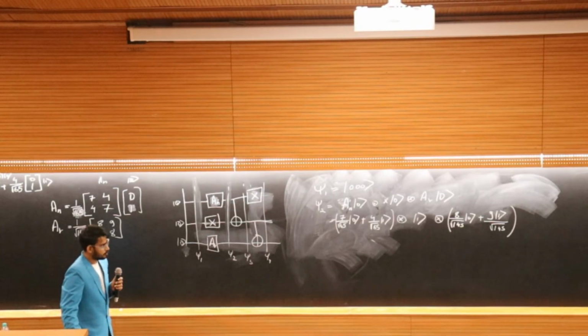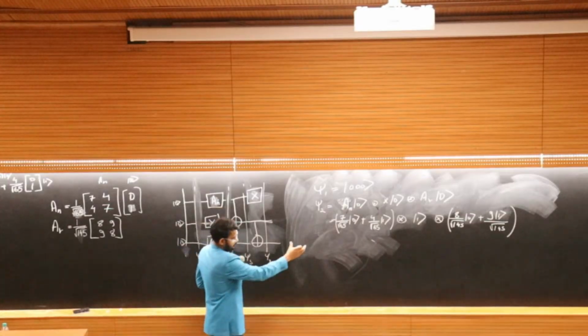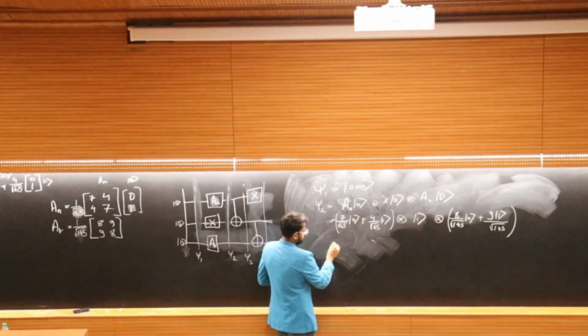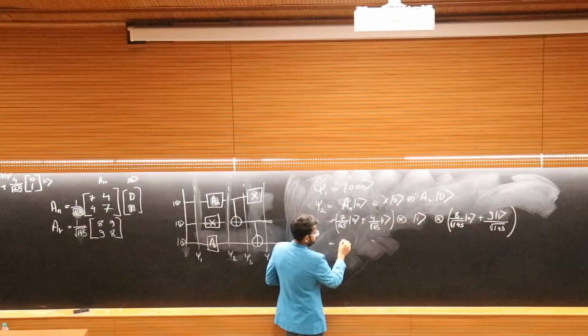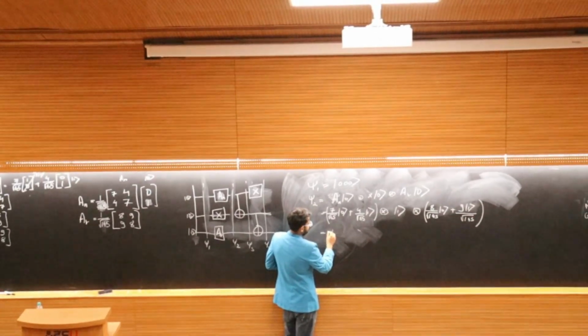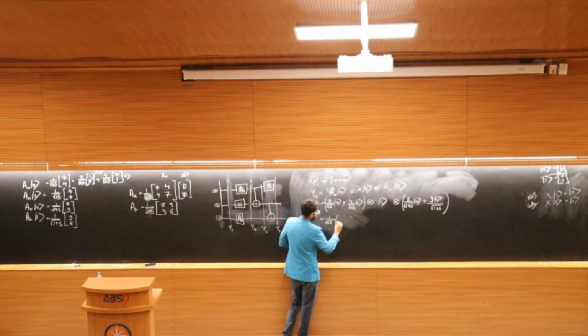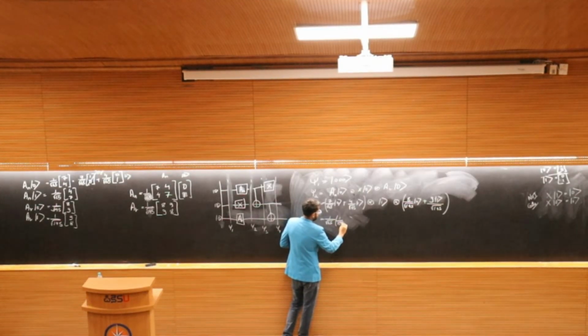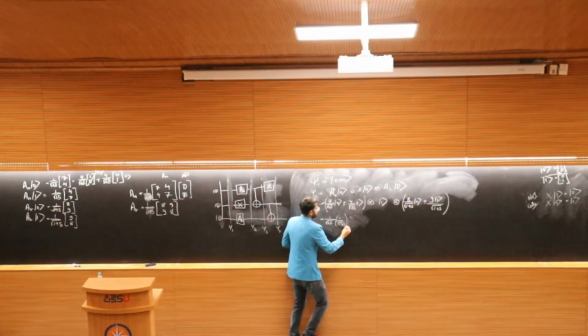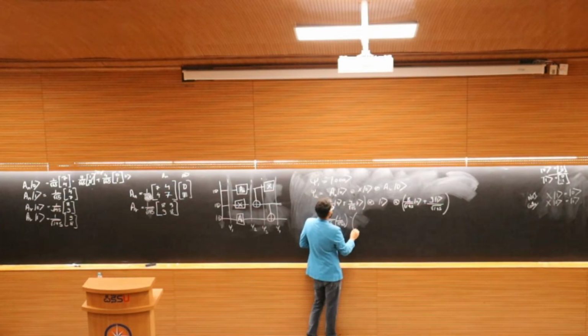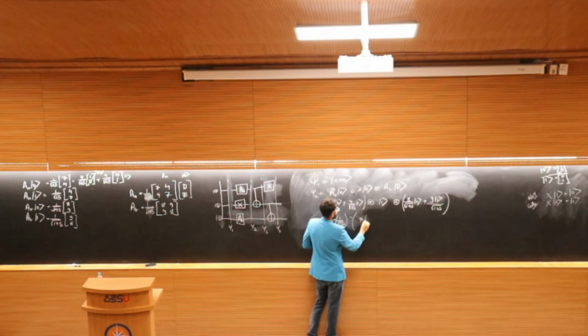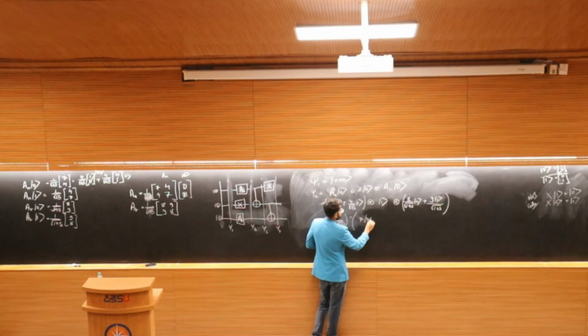And now what I can do is I can just bring them all together. First of all, I should take this root 65 and then what I have here is 7 0 1.